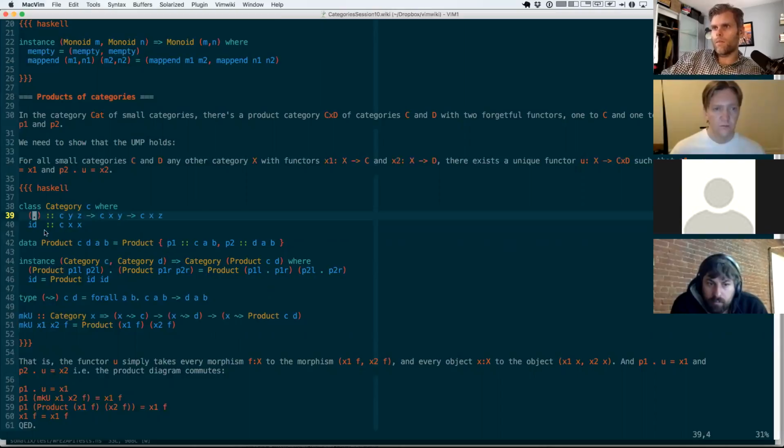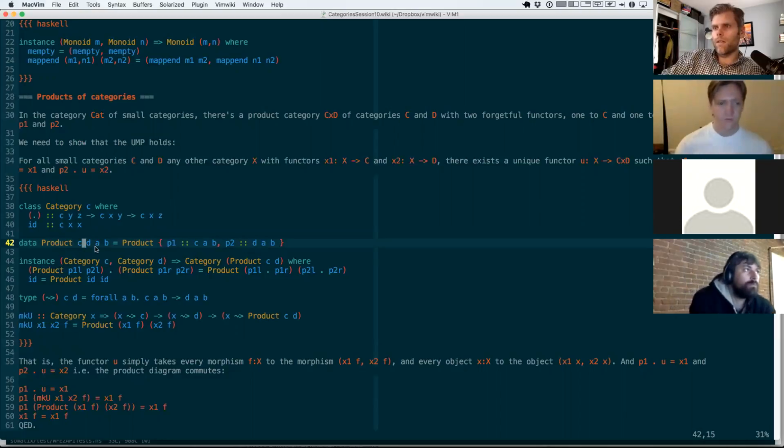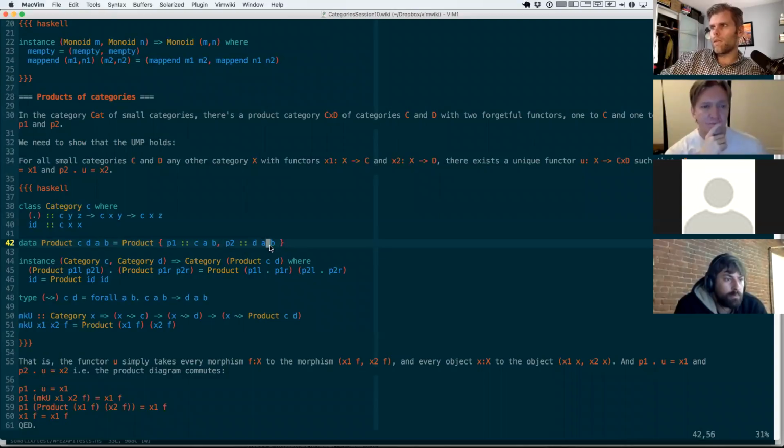And then we have this product type, which just has these two projections, P1 and P2, from the product of C and D, of A and B. So this is an arrow in the product category C and D between the objects A and B. So there's an arrow in C between A and B, and an arrow in D from A to B.